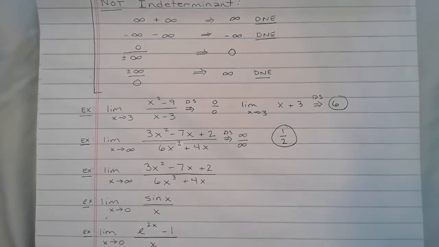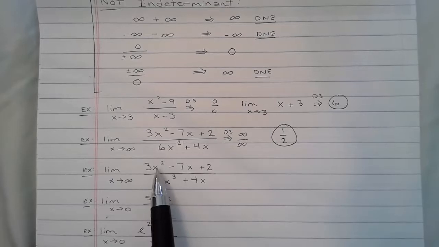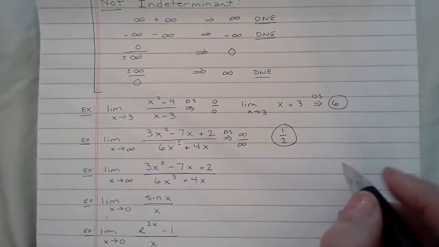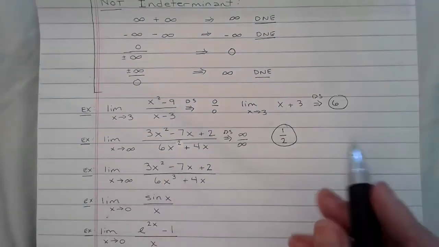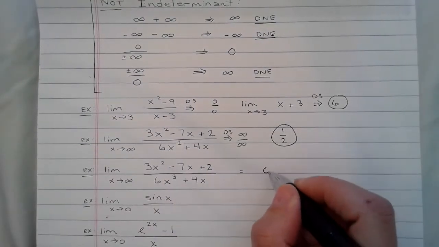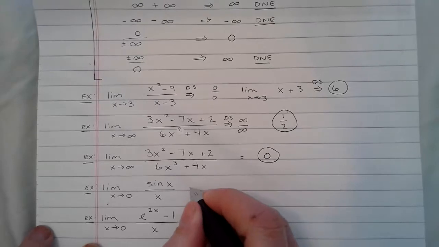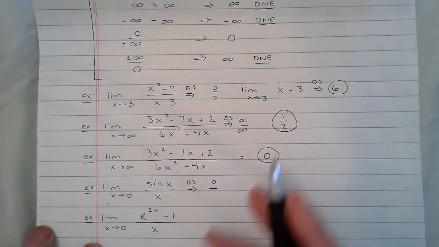Okay, then this one also would be a horizontal asymptote type problem. If you use direct substitution, you would get infinity over infinity, but we can use that method you had from algebra 2. The power in the bottom is bigger than the power in the top, so this limit would go to 0. Now, if we plug in a 0 here, the sine at 0 is 0, and x is 0.